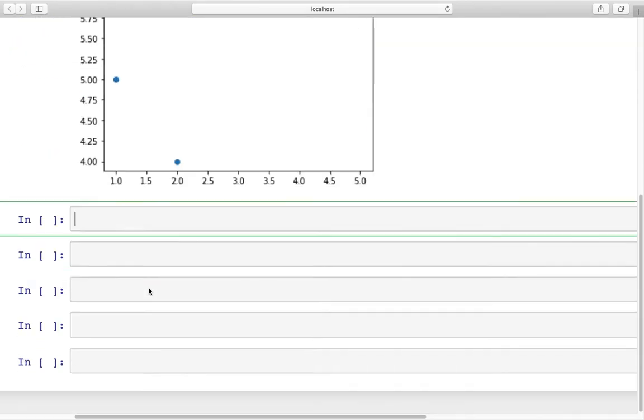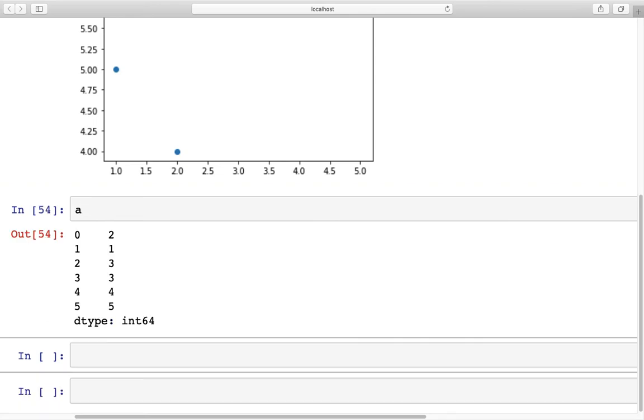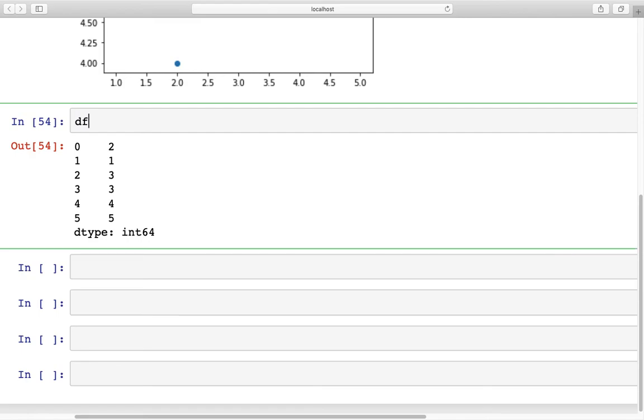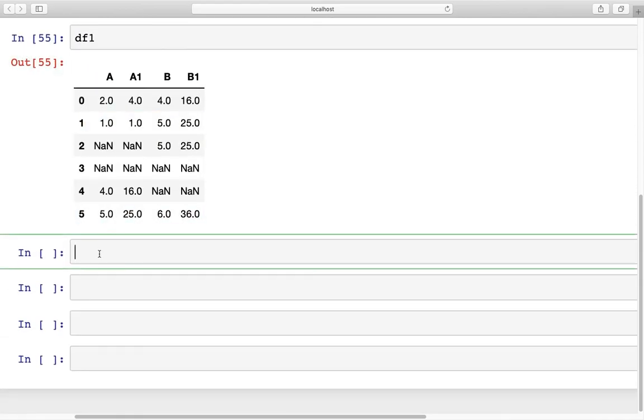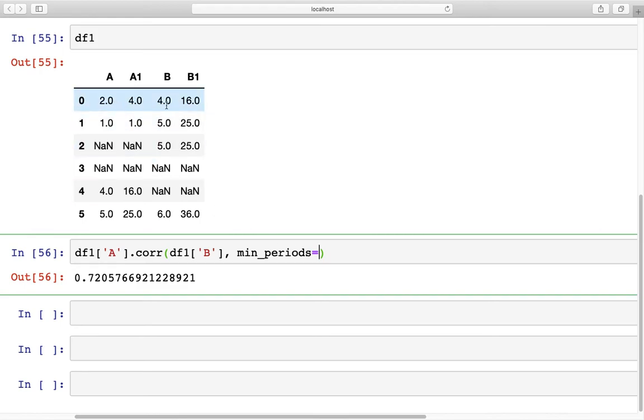Now, if we are trying to calculate the correlation by using the minimum periods, what we would do is pull the data from df1 back, and here we would say df1.A.corr with df1.B. Now min_periods equal to 2, we do get the value back. We have these 2 columns and just 3 rows have values, so 3 will work.